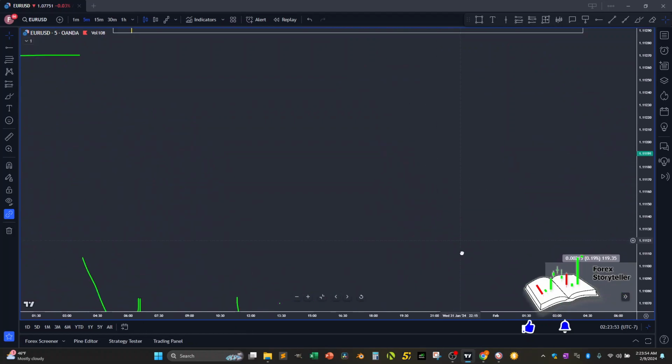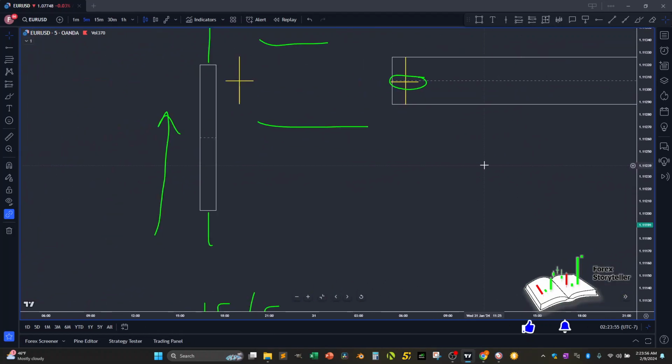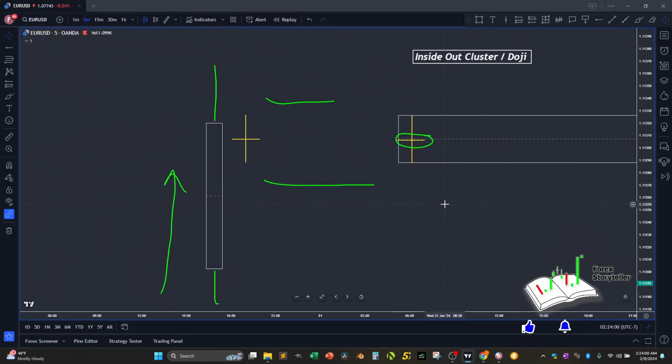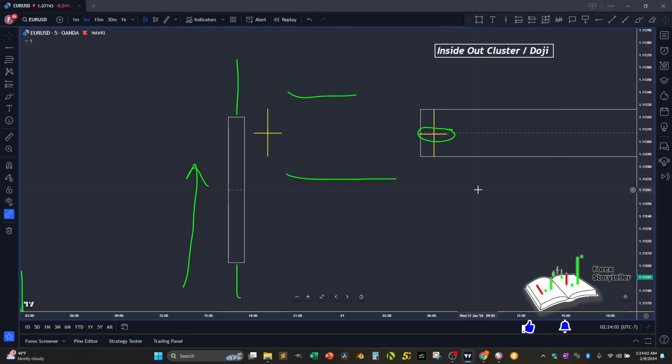And this is basically the inside out version of that cluster pattern. And this is going to be the fourth setup. It's going to be basically a doji setup, but this is a very special doji. You're not looking for just any ordinary doji.